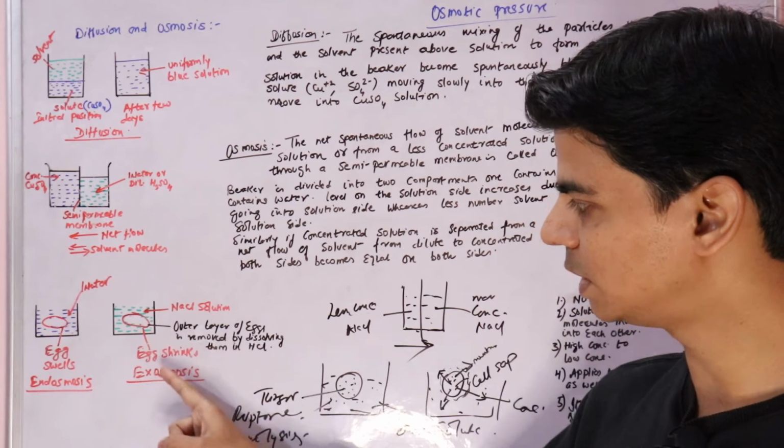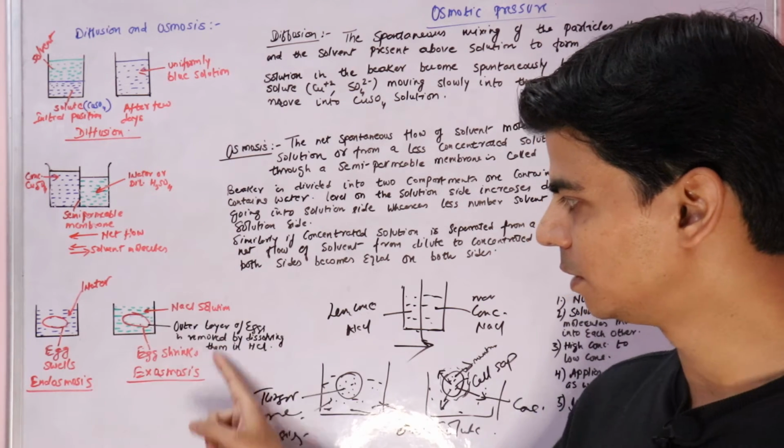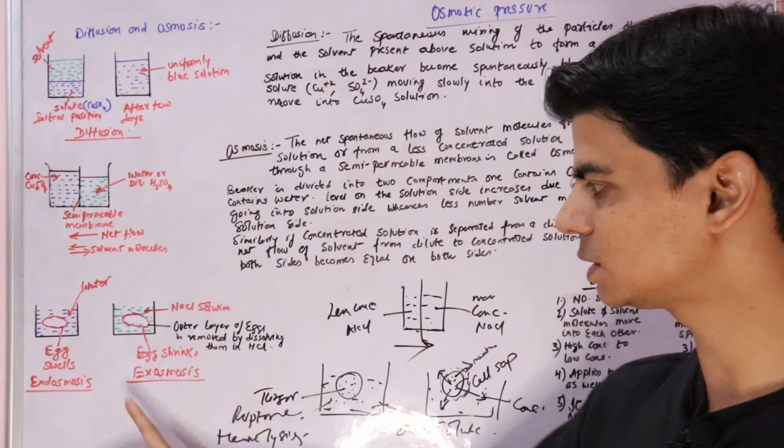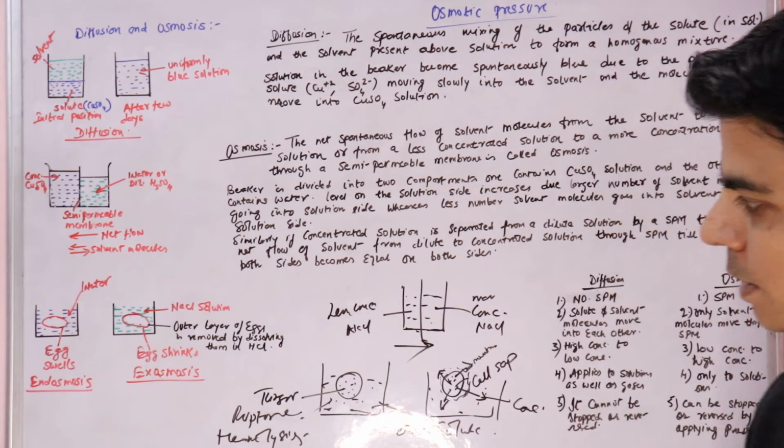So this will result in shrinkage of this egg, and this process is known as exoosmosis, and this one is known as endoosmosis, right?